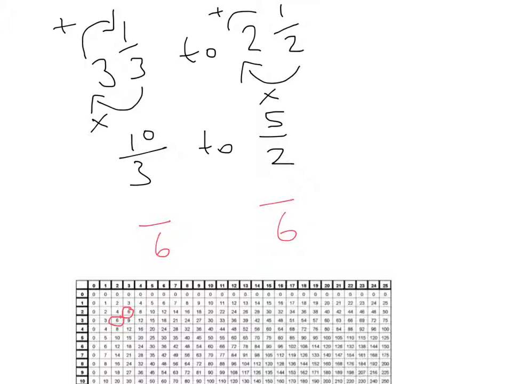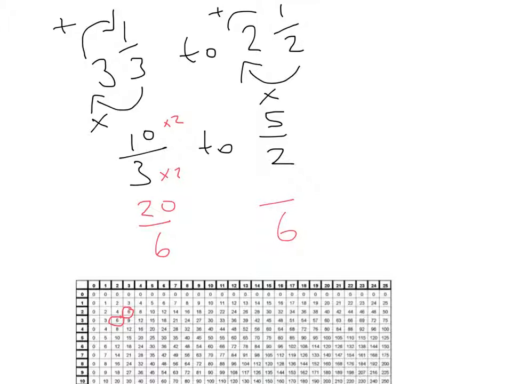Now, we multiplied 3 by 2 to get the 6. So we write that down, and whatever we do to the bottom one, we do to the top. And 10 times 2 is 20. So we're halfway there.